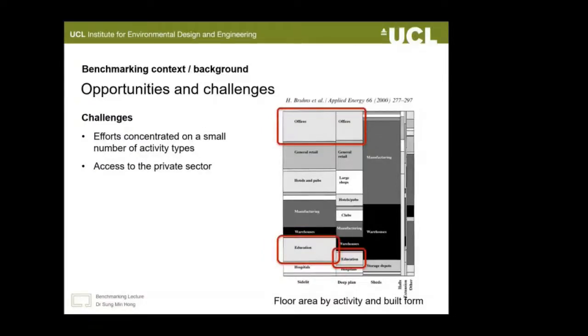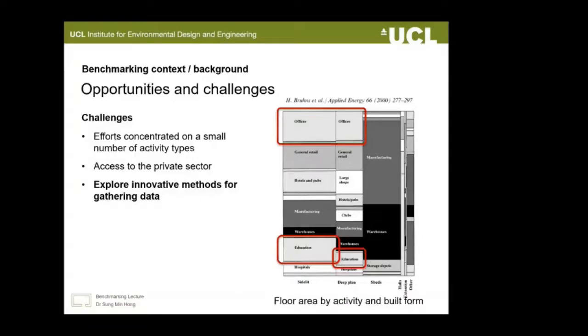What you might be familiar with is a concerted effort towards offices and schools in general, but there are lots of different activity types that are not being researched extensively at the moment. So knowledge on these and how they use energy remains to be discovered a bit more.